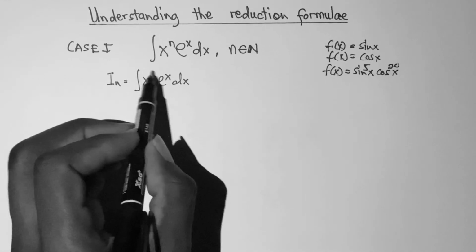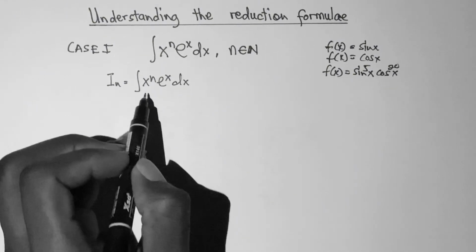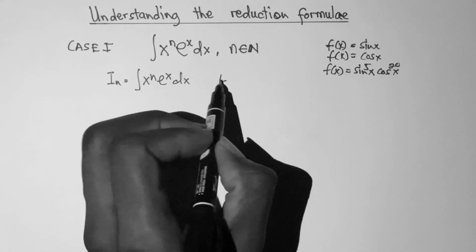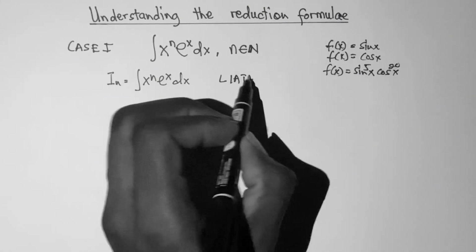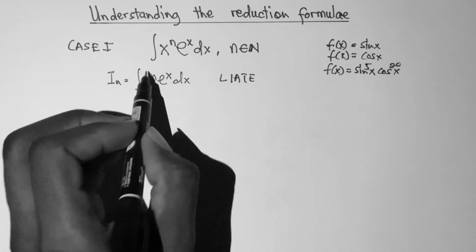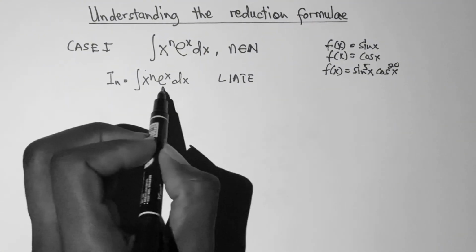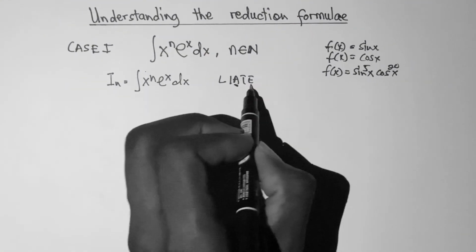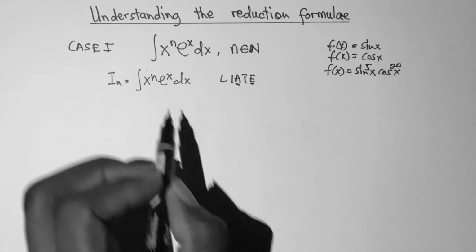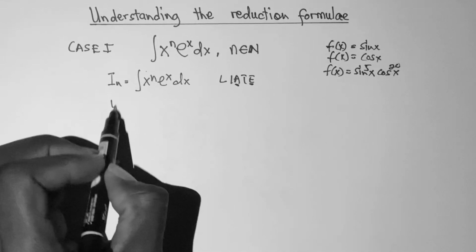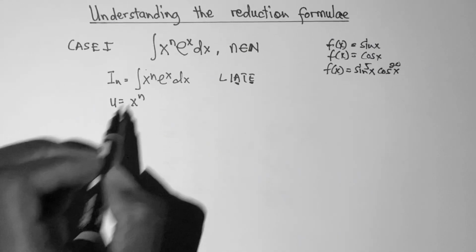If we use the LIATE rule, you see that this is an algebraic function and this is an exponential function. Algebraic function comes before exponential functions. So we can let u be equal to x exponent n.